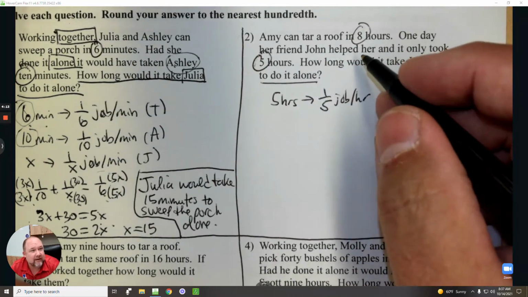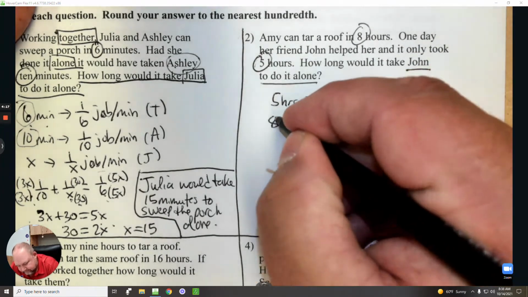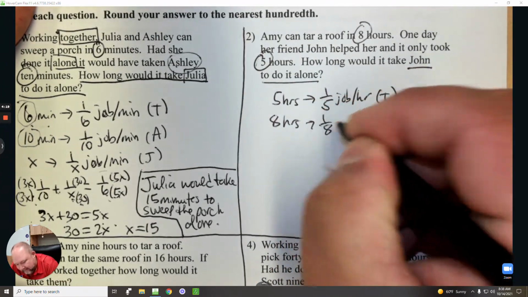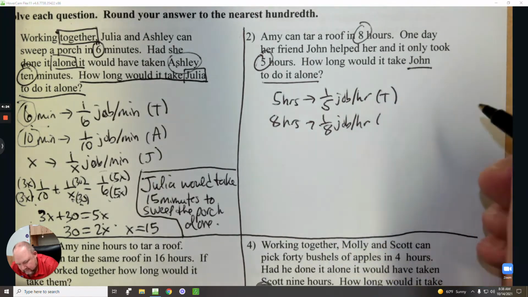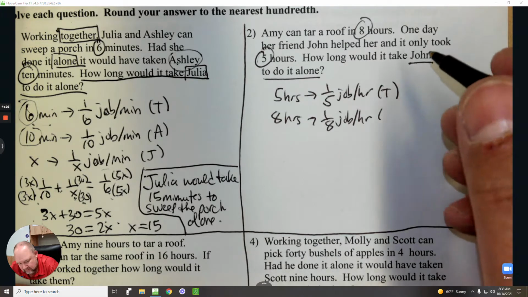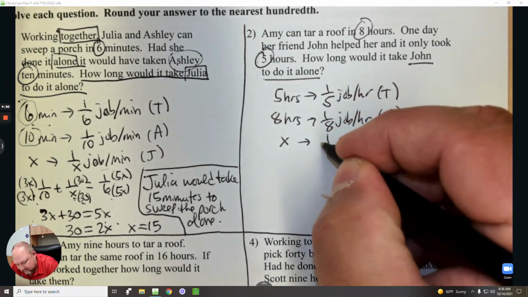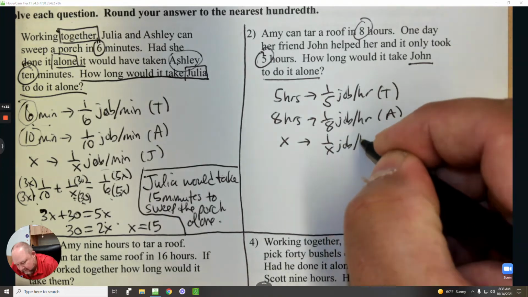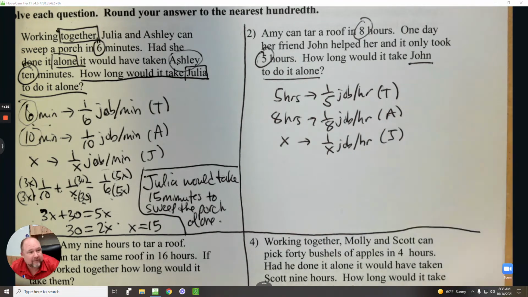The other number is 8. So the rate is 1/8 of the job being done per hour. That's just Amy by herself. And then my unknown is x, right? How long it would take for John to do it by himself.